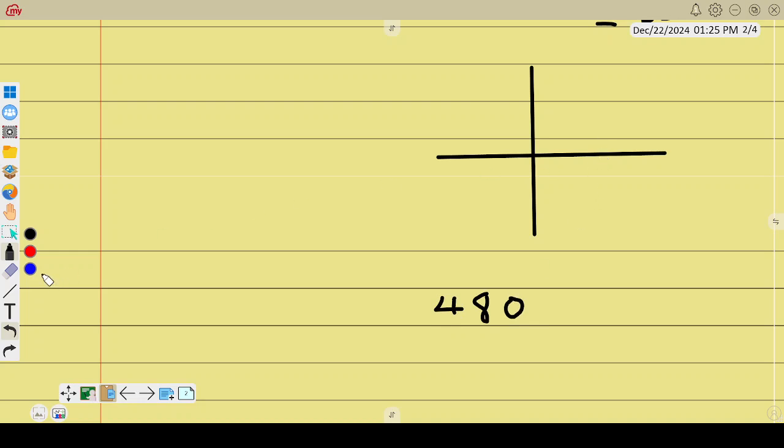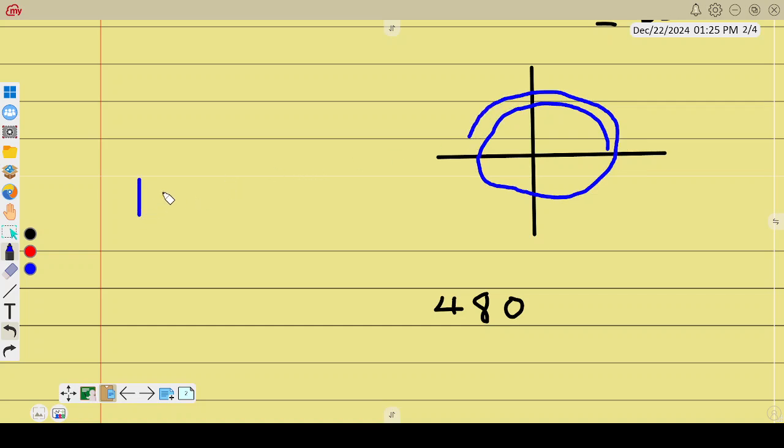It means this angle 480, we are going to move 90, 180, 270 and 300, and then this is 360, but it will continue until we reach 480.